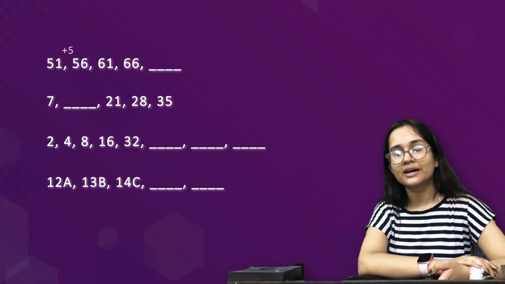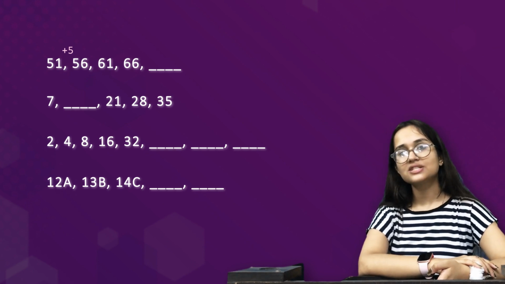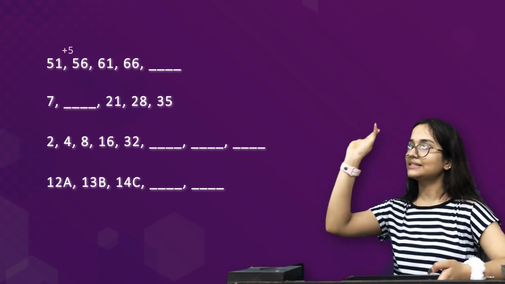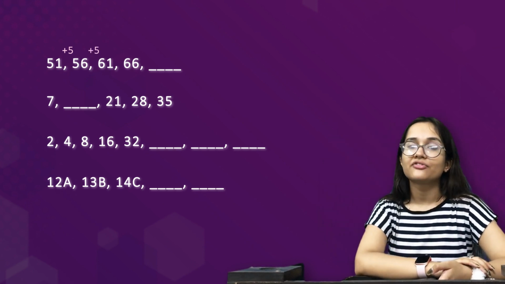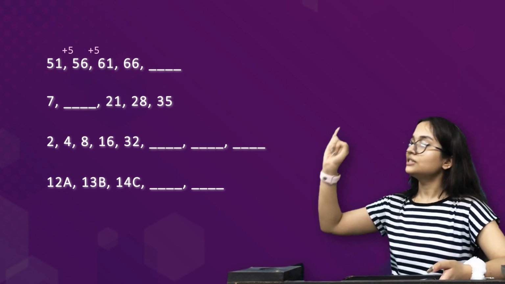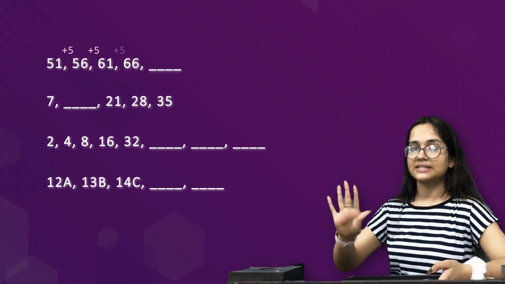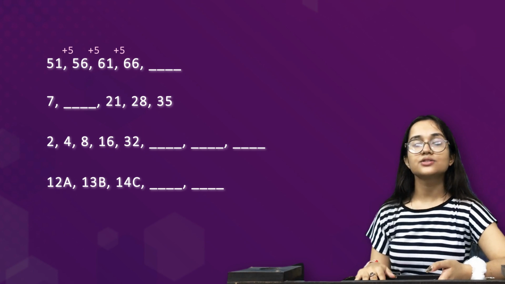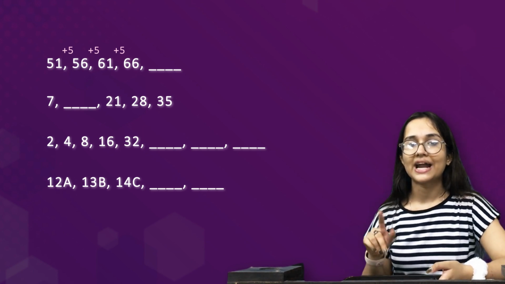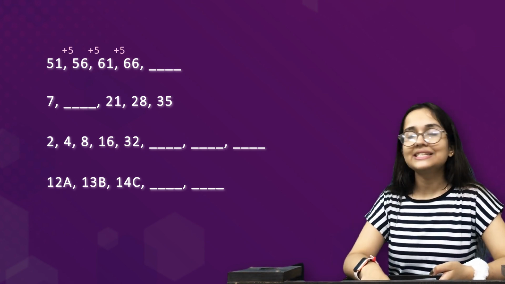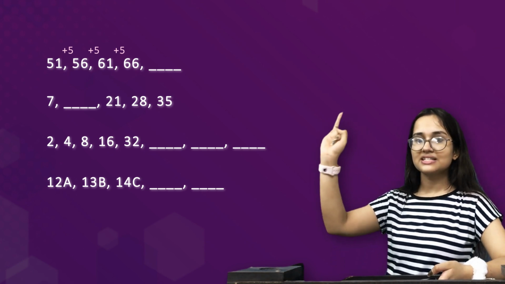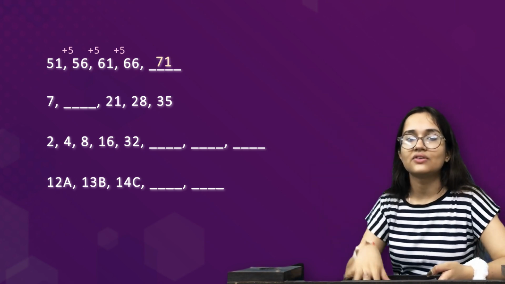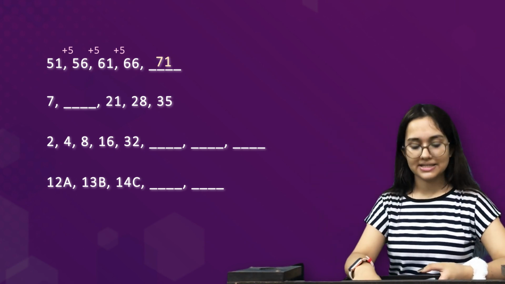If we again add 5 to 56, we get 57, 58, 59, 60, 61. When we add 5 to 61, we'll get 62, 63, 64, 65, 66. And this is how the pattern is going. Thus the rule is, we are adding 5 to it. So after 66, we have 67, 68, 69, 70, 71. The 71 will be the next number.